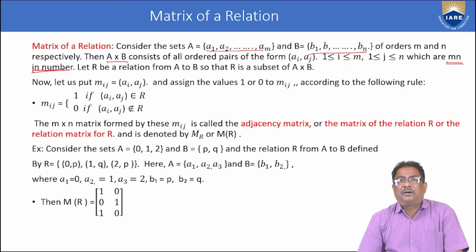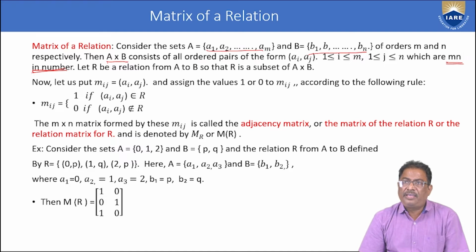So the cardinality of A cross B is nothing but the cardinality of A into the cardinality of B. Cardinality is nothing but the number of elements in that set. So A cross B is a set which has how many elements?